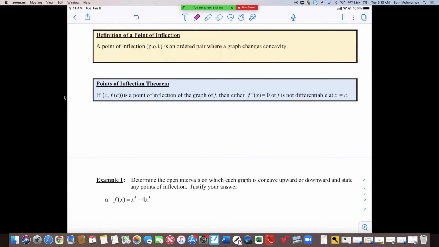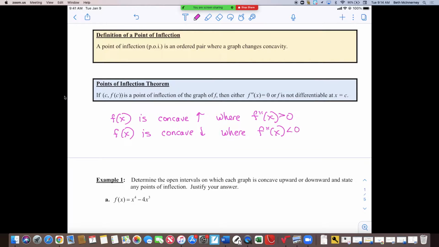All right, so let's go ahead and just get to work here. So the big idea, let's kind of restate this. F of x is concave up where f double prime of x is greater than 0. F of x is concave down where f double prime of x is less than 0.